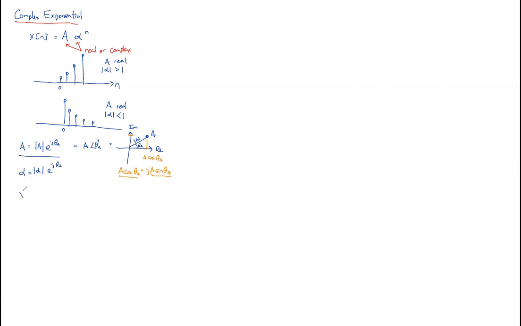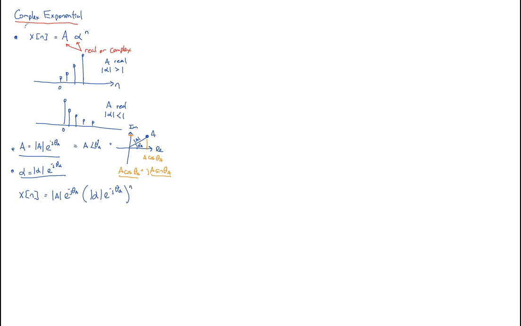And so now we're going to rewrite our sequence as being equal to magnitude A e to the j theta A times our alpha, e to the j theta alpha, raised to the n. So all I did here is I took what our complex exponential definitions are of A and alpha and plugged them into our complex exponential general form up here.